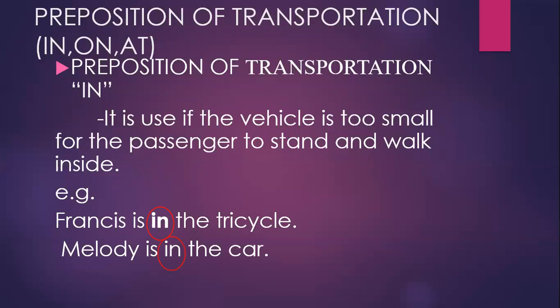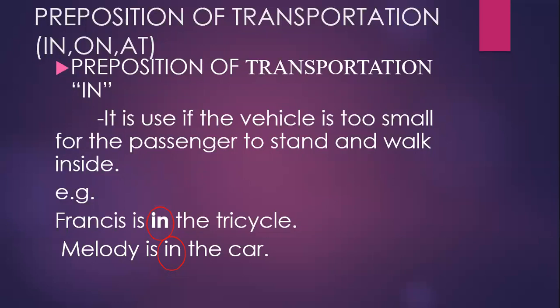So here, we use the preposition of transportation in because we cannot walk and we cannot stand inside the car. Okay? Again, we use the preposition of transportation in if we cannot walk or we cannot stand inside the vehicle because the vehicle is too small.